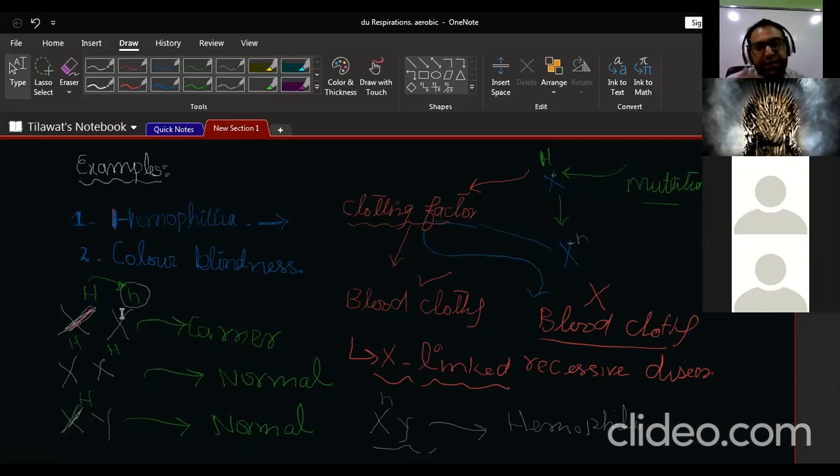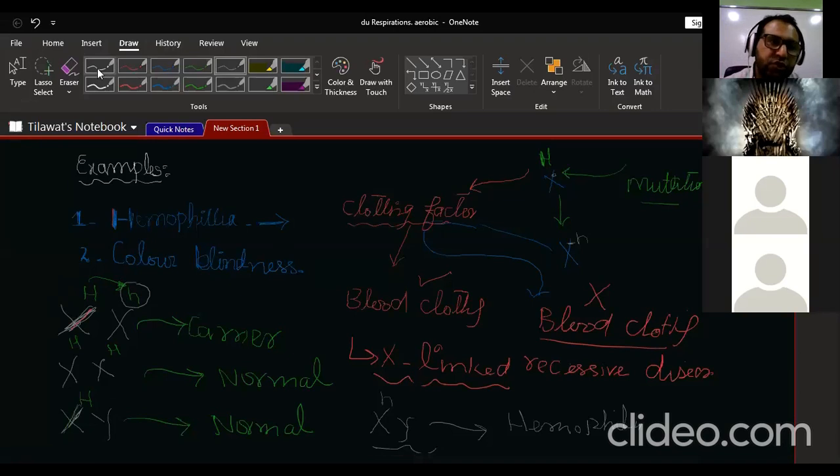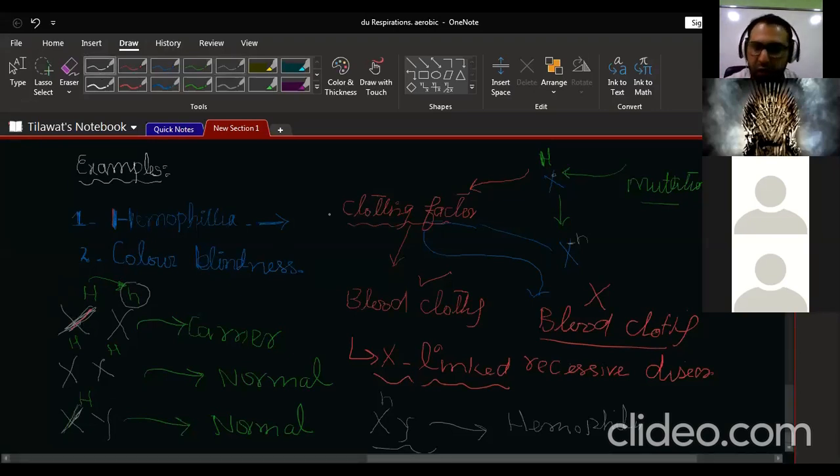For example, a carrier of hemophilia, a female, married with a normal male, so what should be the offspring probability? On the same way, we will consider the genotype. Let's see.